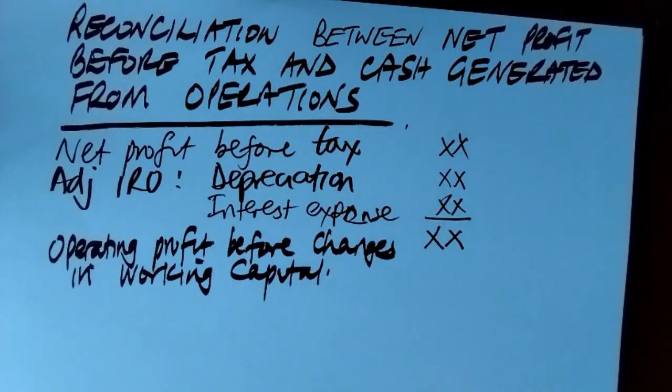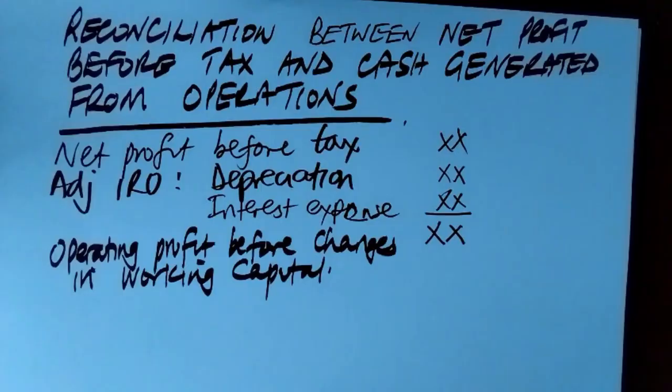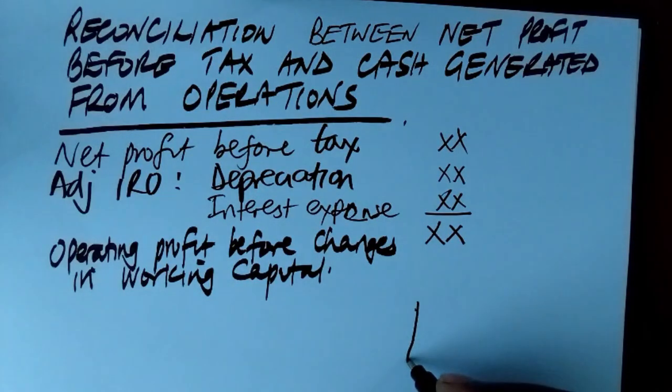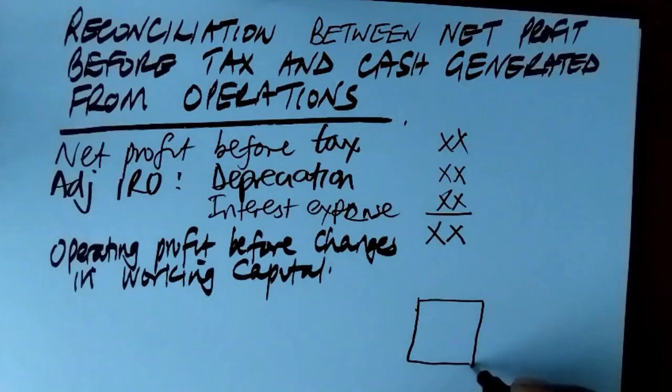Now, when you're talking of working capital, you're basically talking of three things here. I'm going to put a small box here. Operating working capital. If you remember from your ratios, working capital is made up of three things: debtors, creditors, and the inventory.